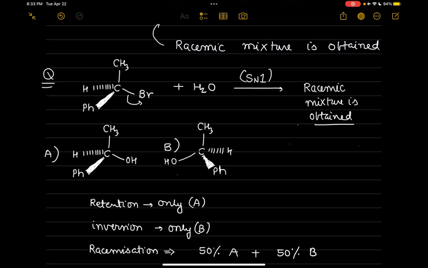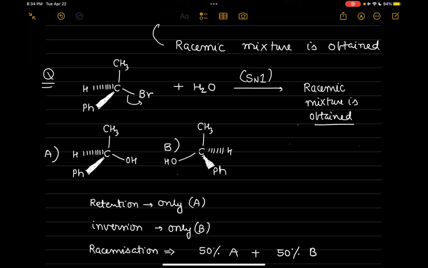I hope this is clear to all of you. Yes. Okay, so this is what is happening in your SN1 reaction. SN1 actually is racemization.